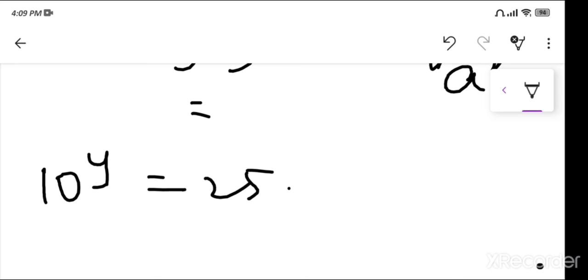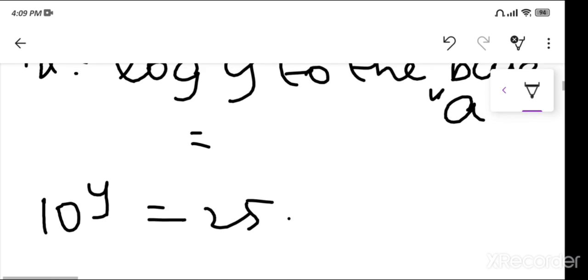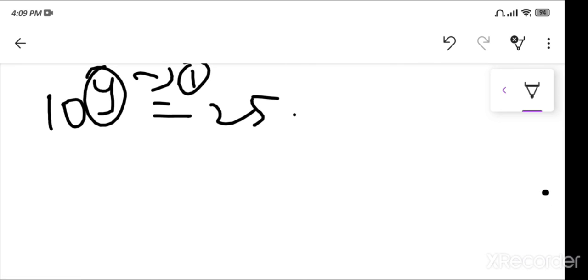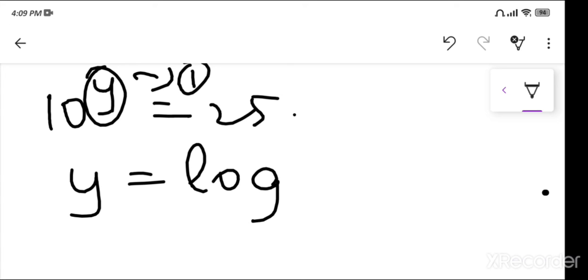If you know how to do it, try it in your notebooks, it's just a simple test I'm keeping for you. It's really simple. Follow the exact steps I told you above. The power becomes the main value, which is y, and then you write log, and then 25. The value will be the same.